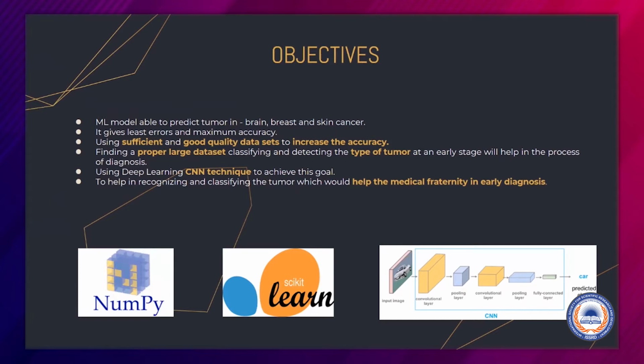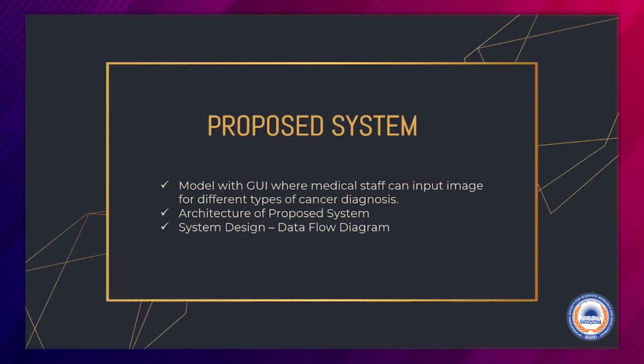We tested the model on the benchmark data sets that were available. Then we used a deep learning technique, a CNN based technique, to train the model. And the model is successfully able to classify the tumors with an accuracy of more than 90%.